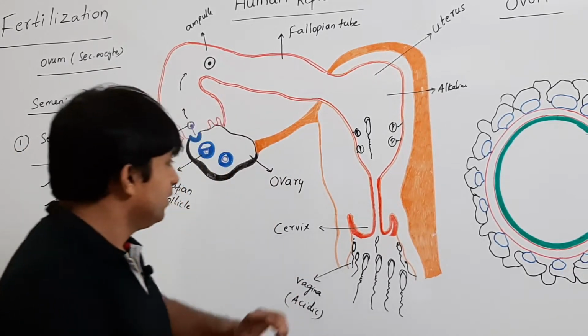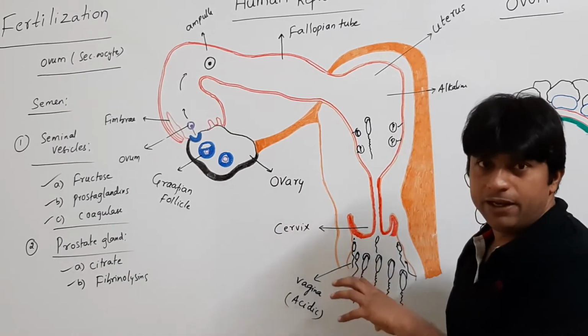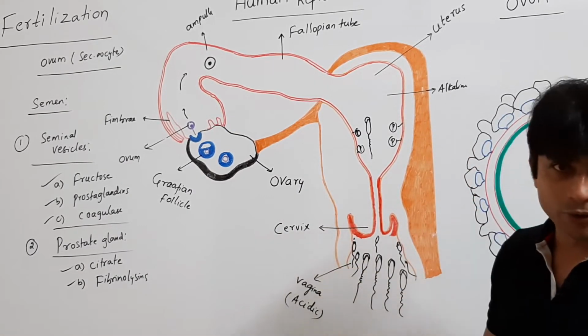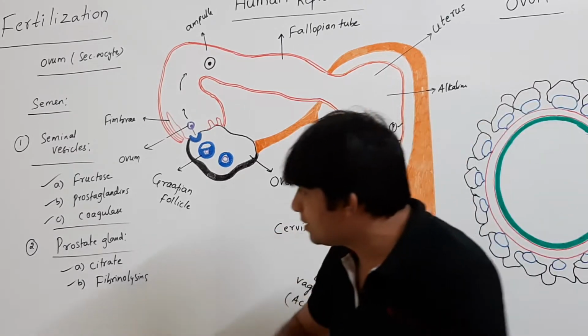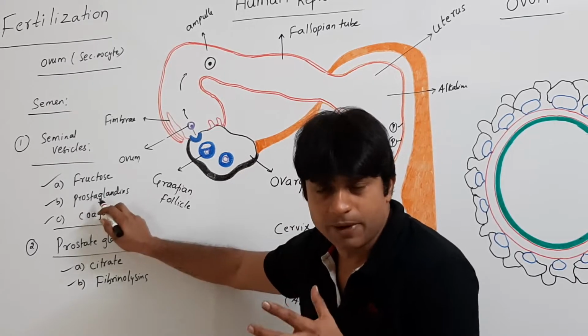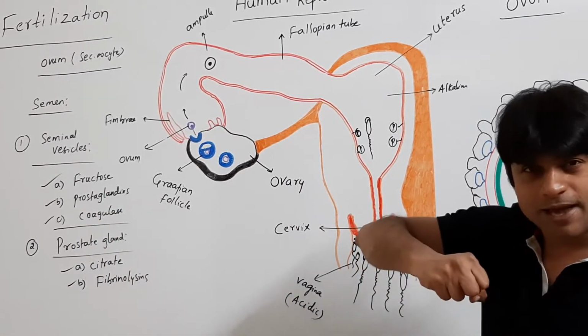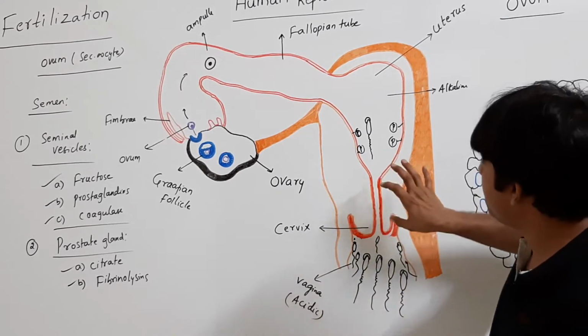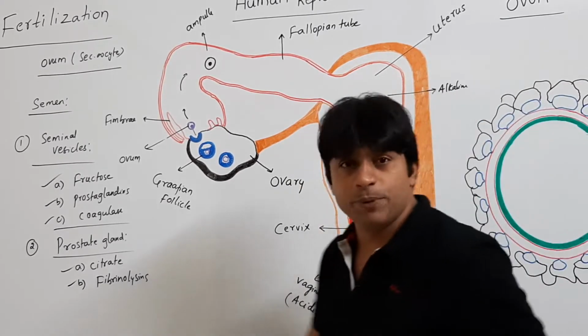Are you following? So all these sperms that are released in the vagina of the female, from the vagina, once they cross the cervix and enter into the uterus, these prostaglandins secreted by the seminal vesicles will cause peristalsis to happen and suck the sperms in, right? Now the sperm movement starts towards the fallopian tube.